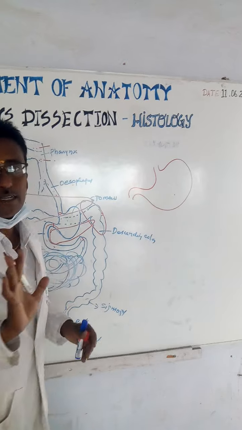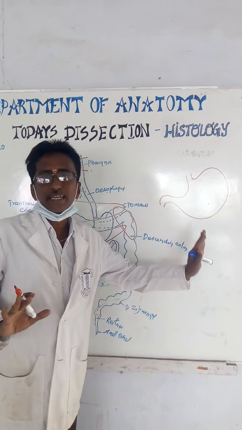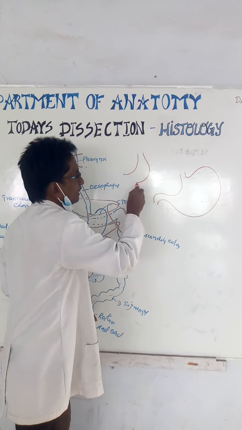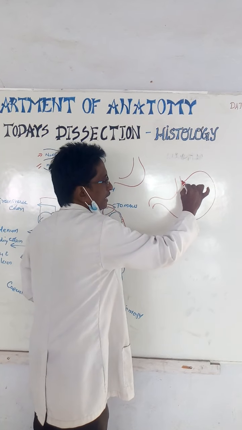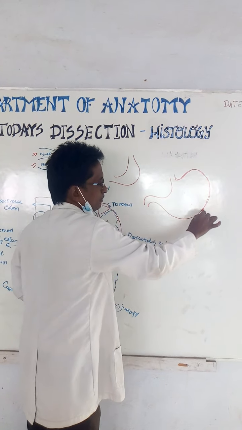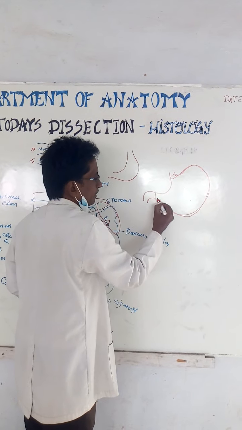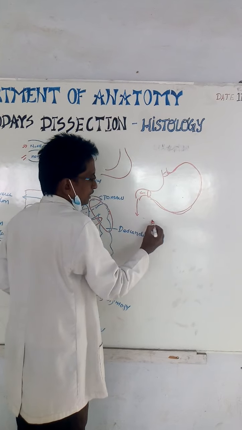So this is a stomach. You must draw such a stomach diagram only. Don't draw like this or any other diagram, because this elevation is compulsory; this is where the stomach is present. So from here to here is the stomach. This is the first part of duodenum, second part, third part, fourth part.